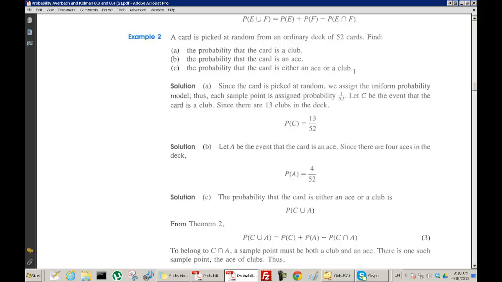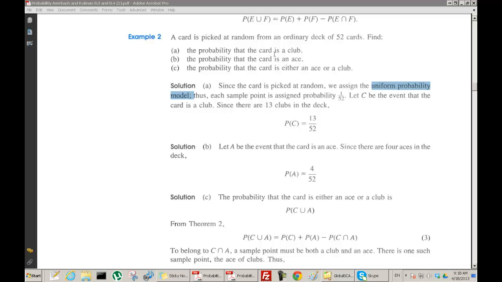So let's see how we can do these using this new theorem that we have. Since the card is picked at random, that means all cards are equally likely to occur. That means we have the uniform probability model. Thus the probability of each sample point is 1 over 52. So let C be the event that the card is a club.